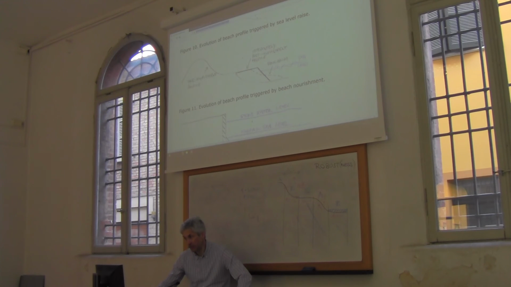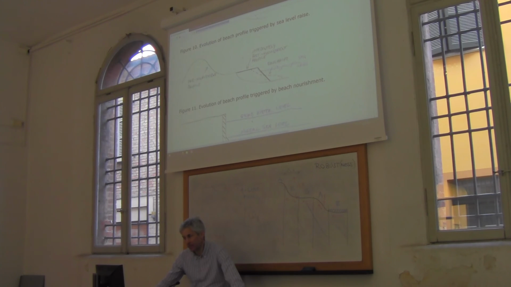So immediately after nourishment, you get a situation like this one, with a profile that was previously eroded, otherwise you wouldn't put back the sand. And then after a while, there is an equilibrium profile that evolves in this way.